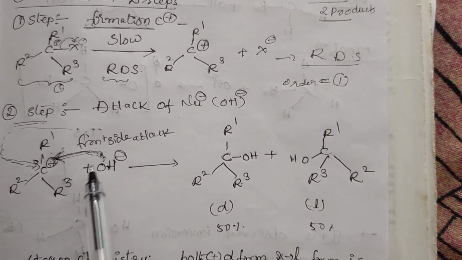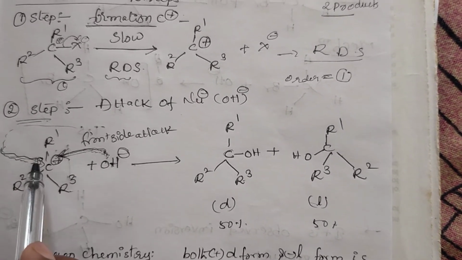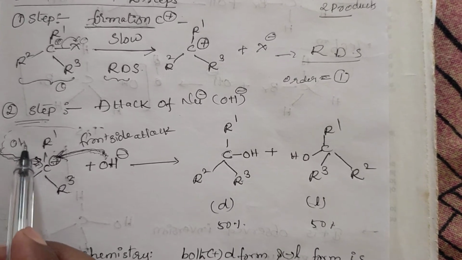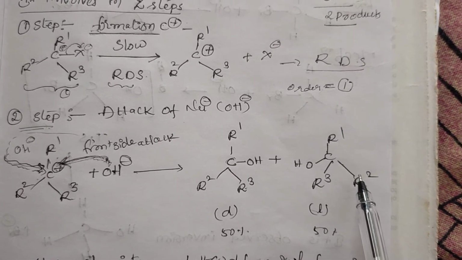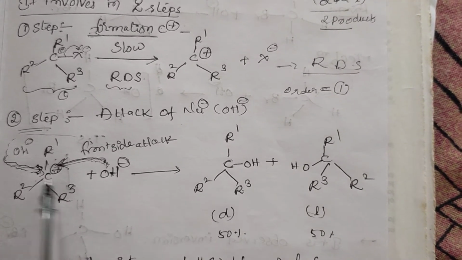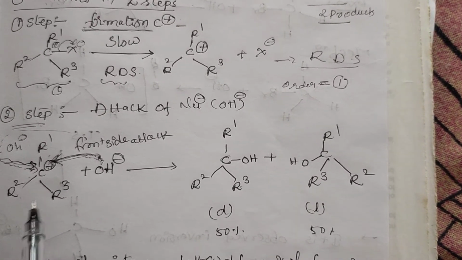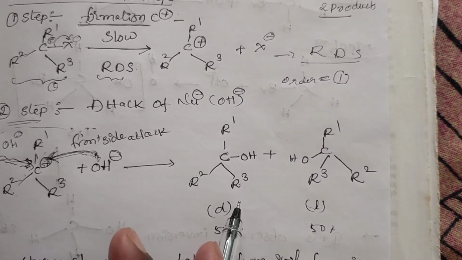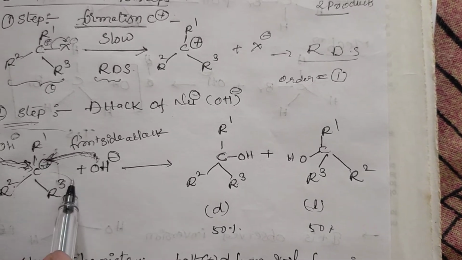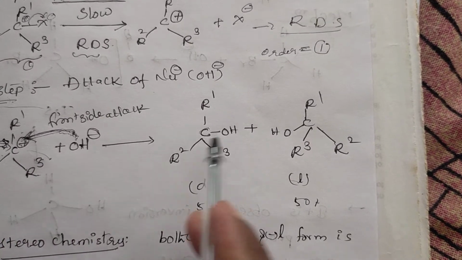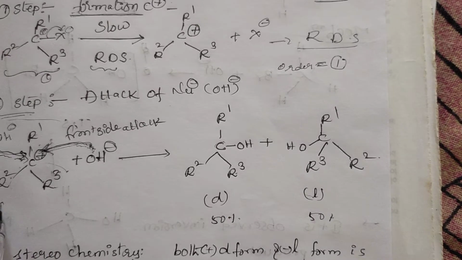At the same time, we have the same chance that OH minus will attack from the back side, so you will get this product. When OH minus comes from the back side, these groups are tilted or inverted. So R1 goes to this side, R2, then R3 goes to the left side.